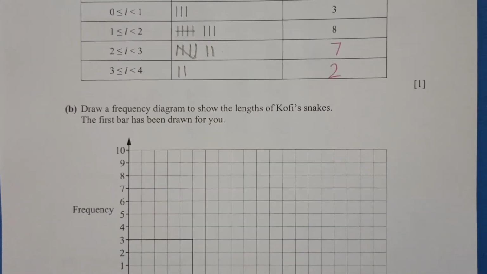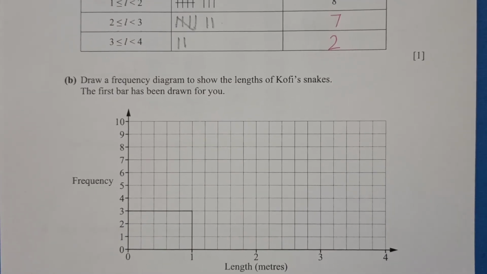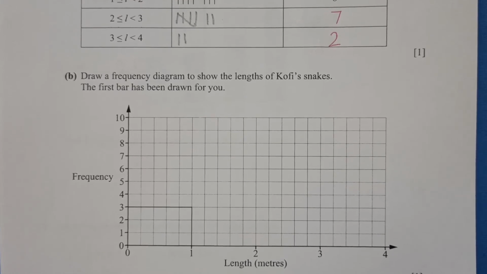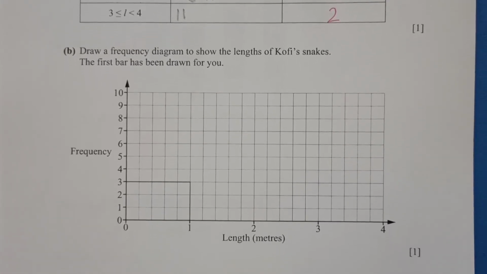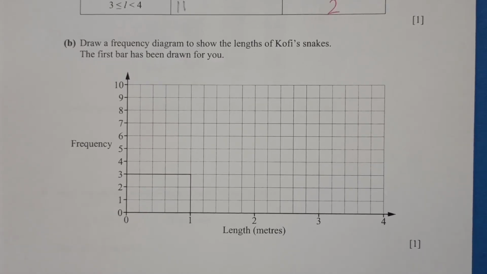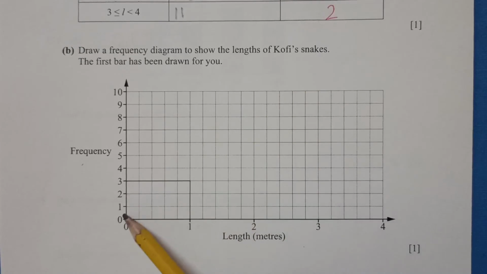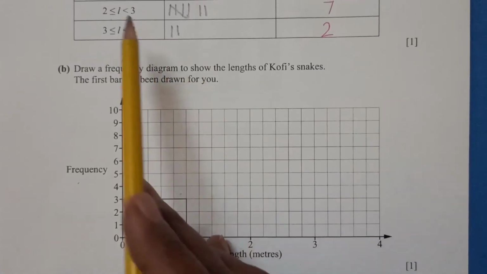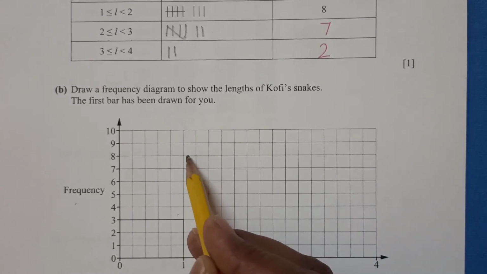Now, next part, draw a frequency diagram to show the lengths of Kofi's snakes. The first bar has been drawn for you. So we have here the length in meters and we have frequency. The first one was 3, so 3 is drawn here. For the second, from 1 to 2 we have 8, so 8 is here.